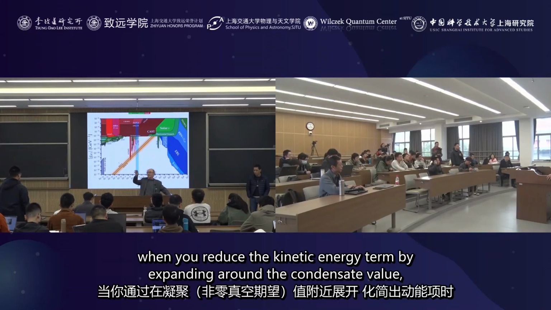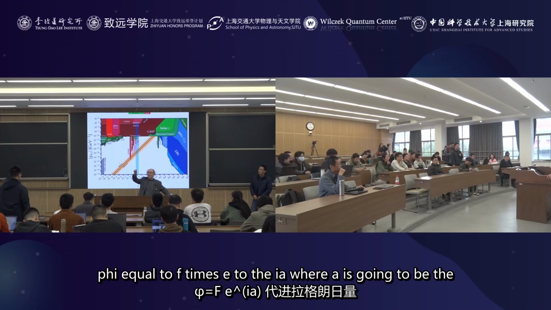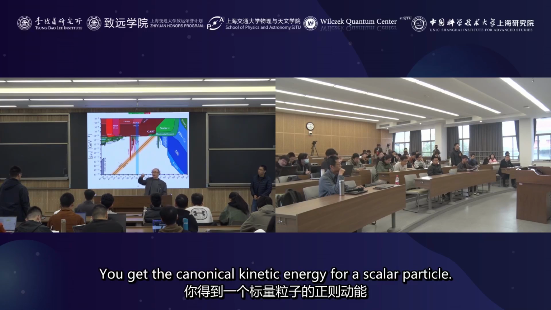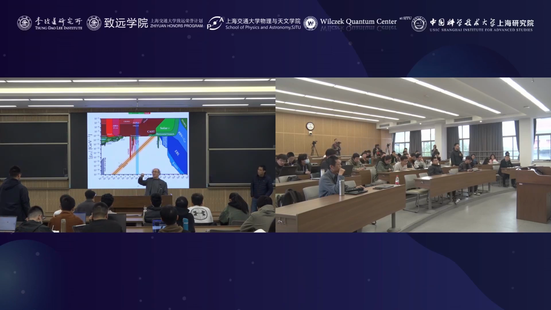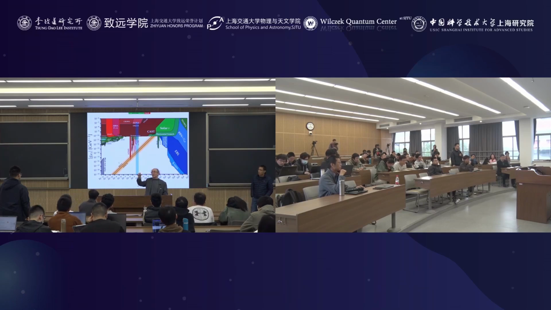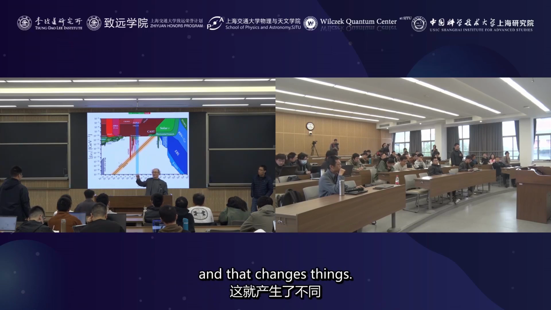When you reduce the kinetic energy term by expanding around the condensate value, so you put the big scalar field phi equal to F times e to the I A, where A is going to be the Nambu-Goldstone field, you get the canonical kinetic energy for a scalar particle. Now, if that scalar particle is coupled to a gauge field, then you don't have just the derivative, you have the covariant derivative. And that changes things.